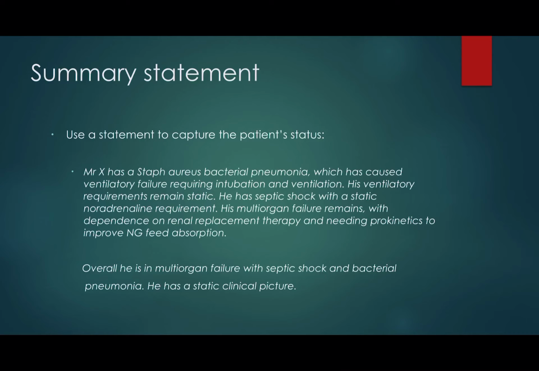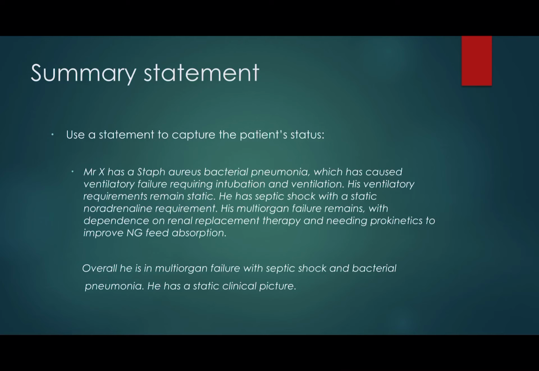So you could say something along the lines of, Mr. X has a Staph aureus bacterial pneumonia, which caused ventilatory failure requiring intubation and ventilation. You could also put in that they were admitted 3 days ago, or that they've been intubated for 2 days, for example. His ventilatory requirements remain static, so we've got a status there. He's got septic shock with static noradrenaline requirements, so again, he's not really improving.